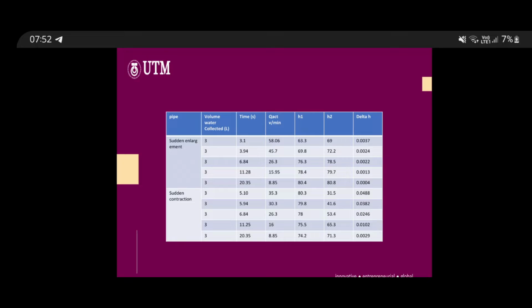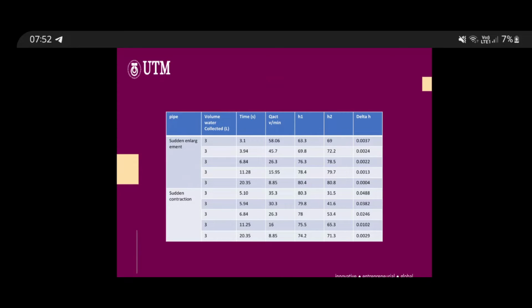As we go down the table, you can see it's getting slower and slower because we're closing the pipes gradually. The first flow rate is 58 liters per minute, and it's also getting lower and lower gradually.